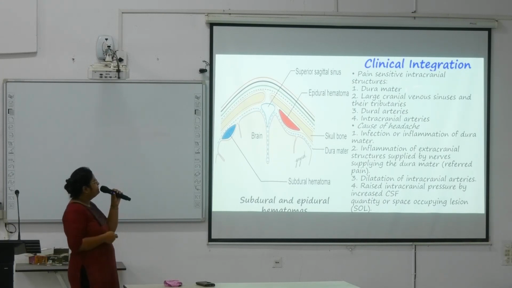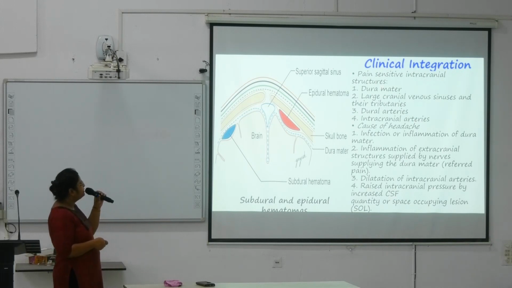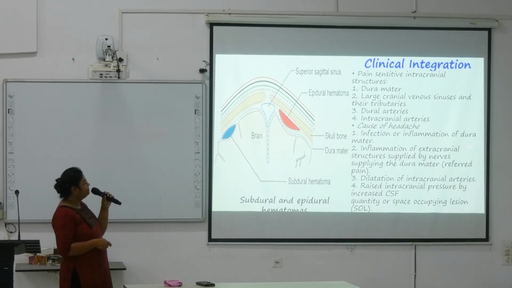Okay. Pain sensitive intracranial structures are the dura mater, large cranial venous sinuses, and then dural arteries and intracranial arteries. And causes of headache can be infection or inflammation of the dura mater, inflammation of extracranial structures supplied by nerves supplying the dura mater, that is for referred pain, dilation of intracranial arteries, raised intracranial pressure by CSF quantity or space occupying lesion.